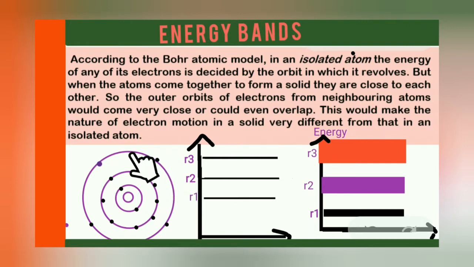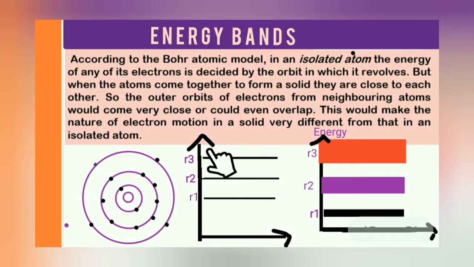In the case of an isolated atom, the energy of the electron is equal to the energy of the orbit. Here, the energy of the orbit is fixed. Why? Because it is an isolated atom. Here, we are showing the energy level diagram of an isolated atom.